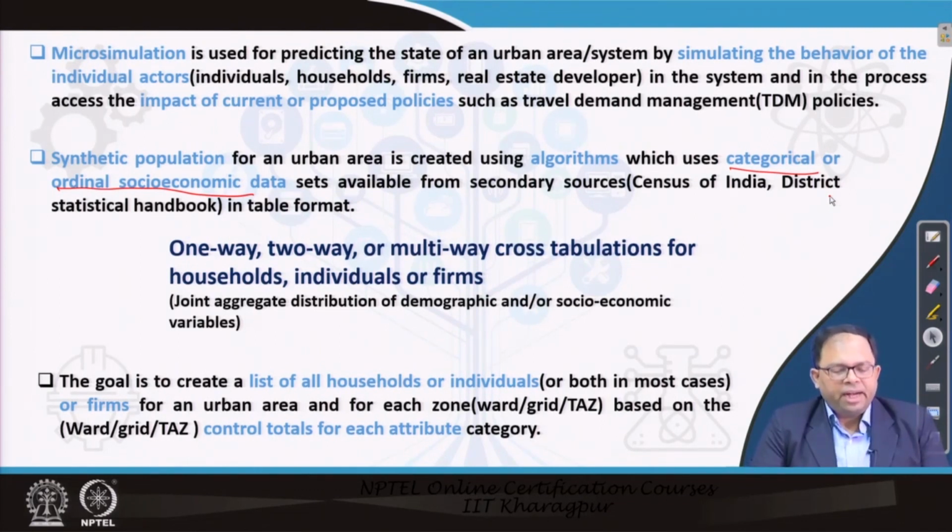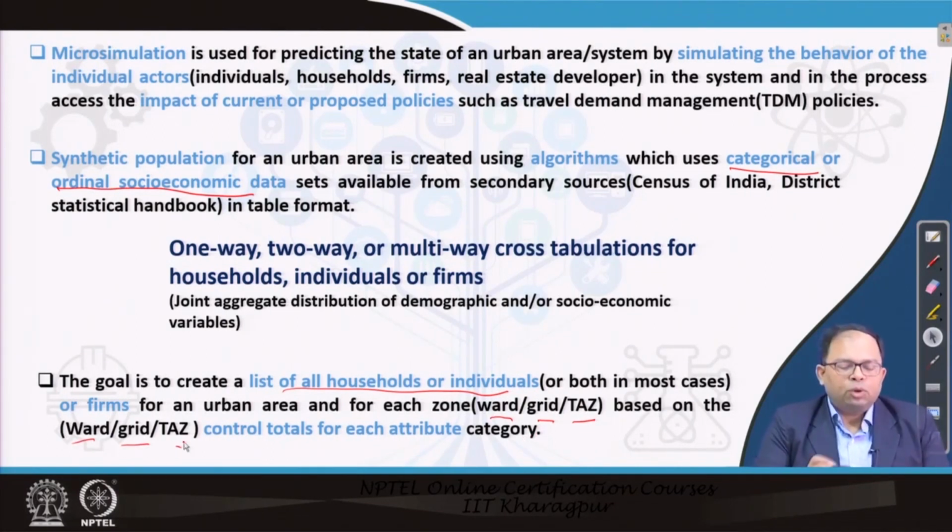So, if we can create this kind of multi-way tables, they could be used to create a list of all households or individuals, or both in most cases, or farms for an urban area, and for each zone, which could be either a ward or a grid or a TAZ, based on the control totals for each attribute category for that particular ward, grid or TAZ.